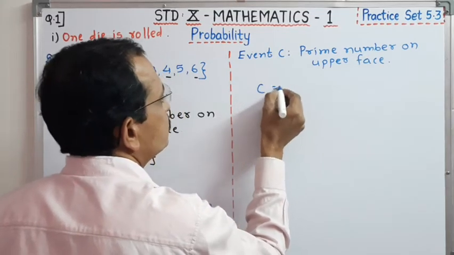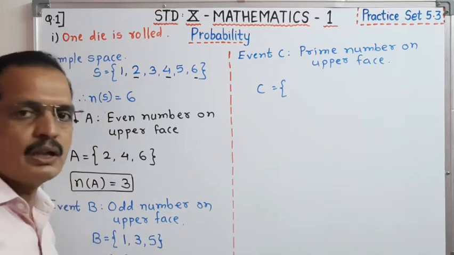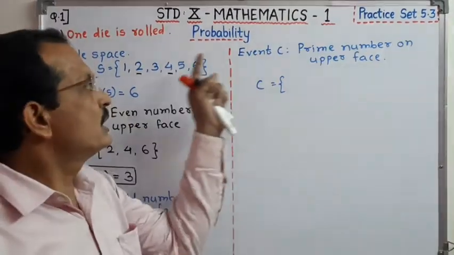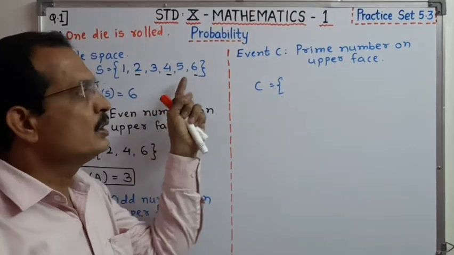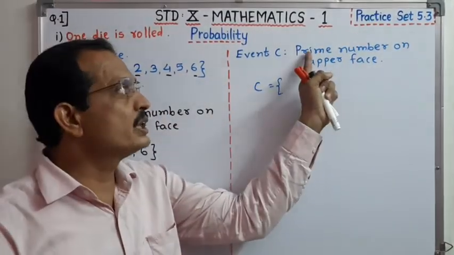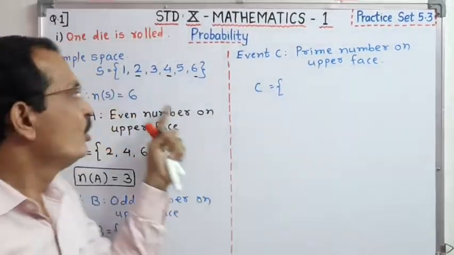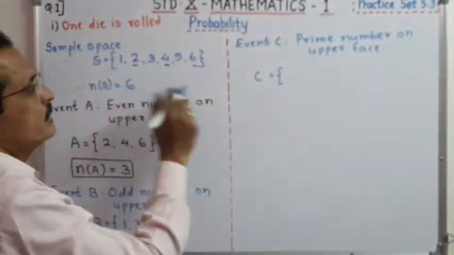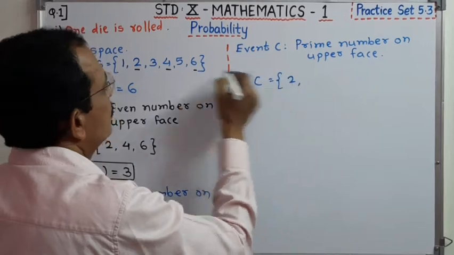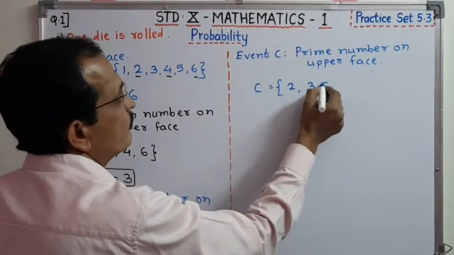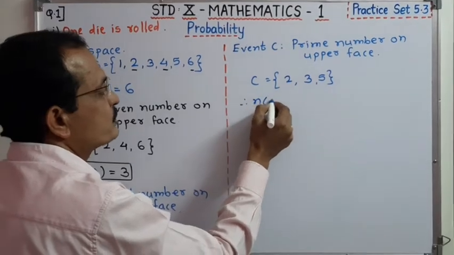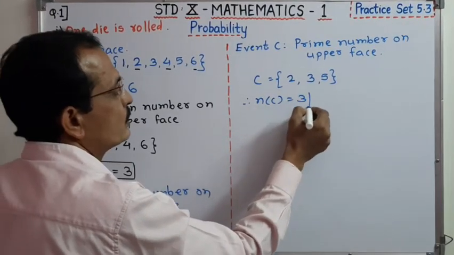Now see here, what is the condition? The numbers we have to select from the sample space are those which follow the condition, that the number should be a prime number. From this, which are the prime numbers? Dear student, see here, these 2, 3 and 5. These are the prime numbers. Therefore, n(C) is equal to 3.